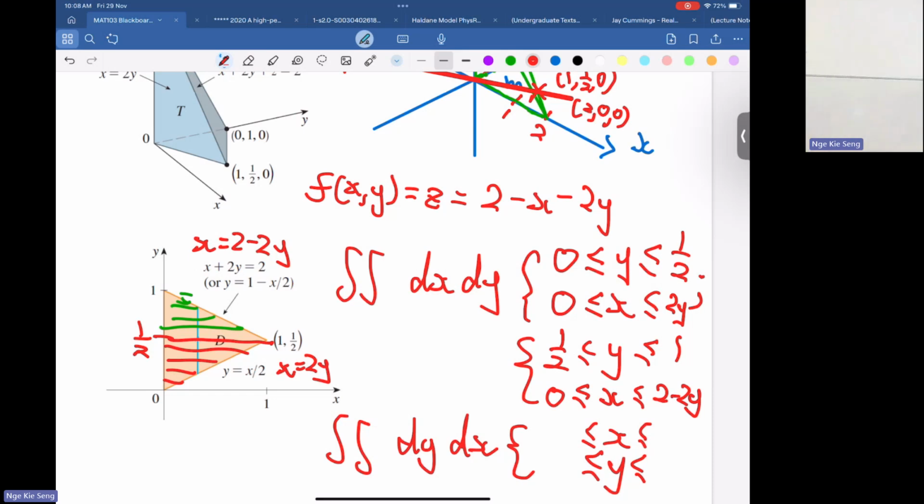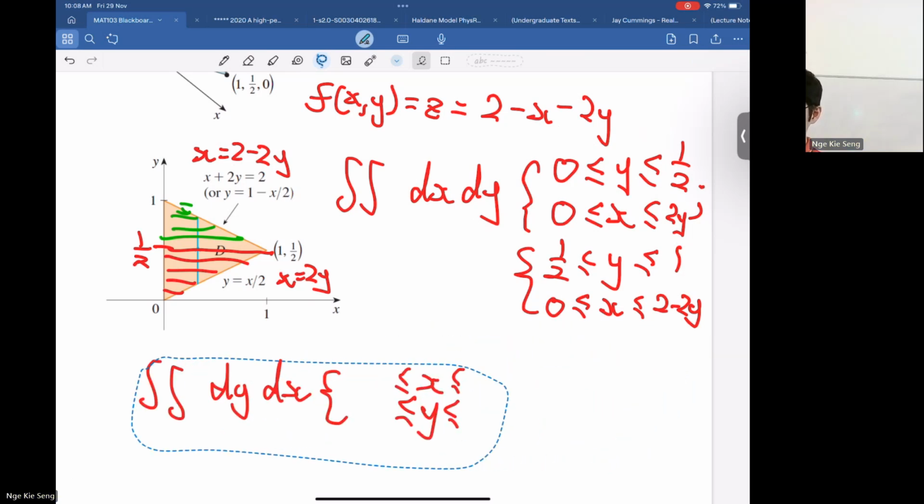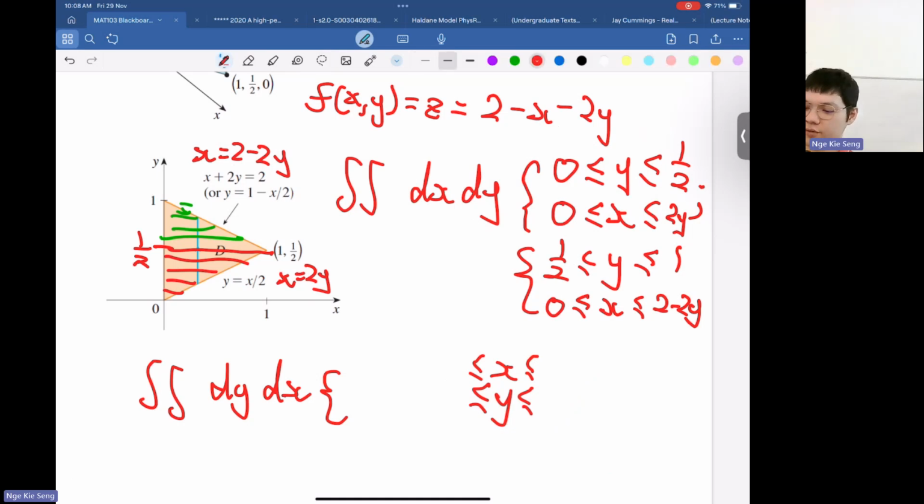How about the other side, dy dx? Let's say we're going to do dy dx. We need to fix the outer variable first. x goes from where to where? 0 to 1. Good.